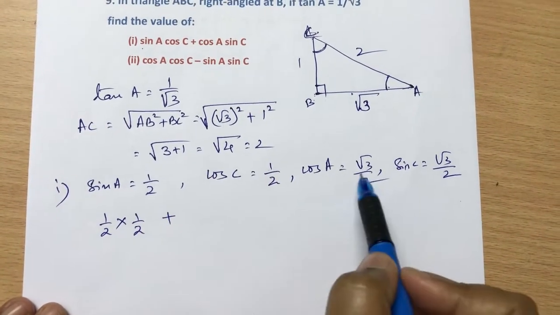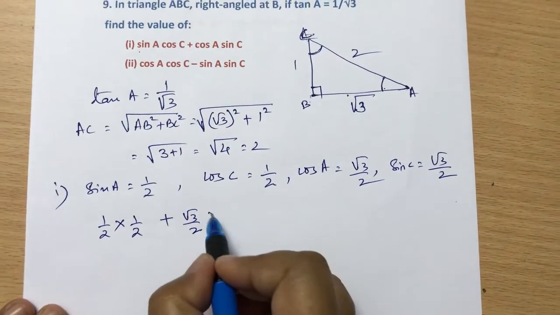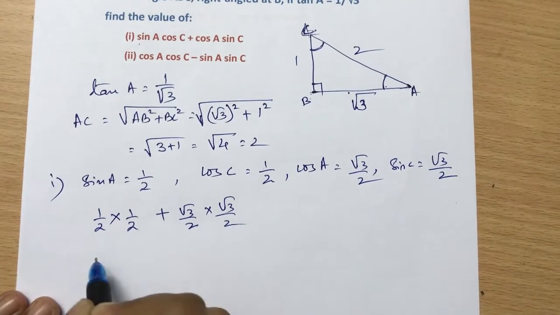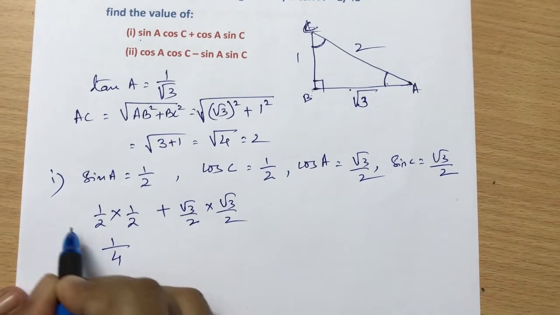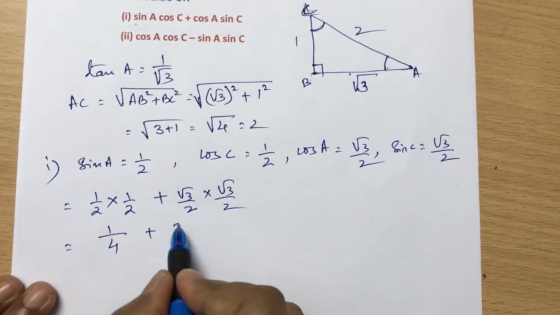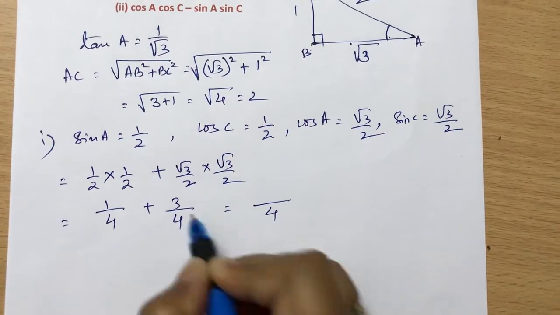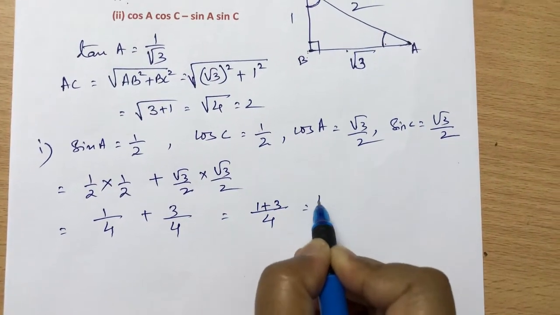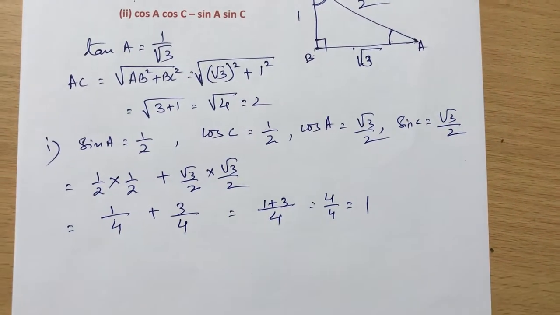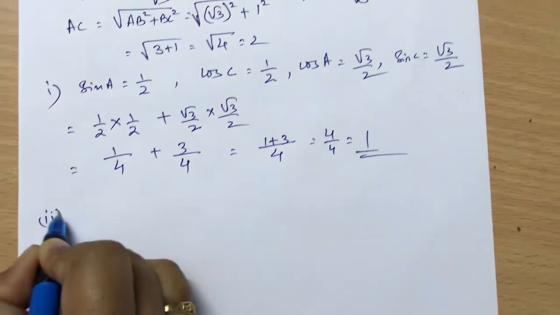Plus cos A is root 3 by 2. Sin C is root 3 by 2. So this gives you 1 by 4. Plus root 3 into root 3 is 3 by 4. So you have 1 plus 3, 4 by 4 is equal to 1. Clear? Now we go to the second bit.